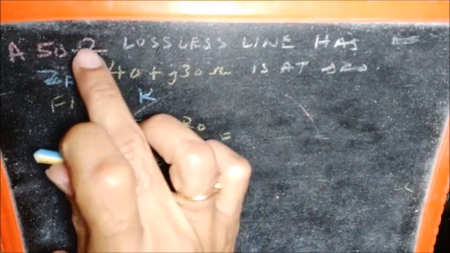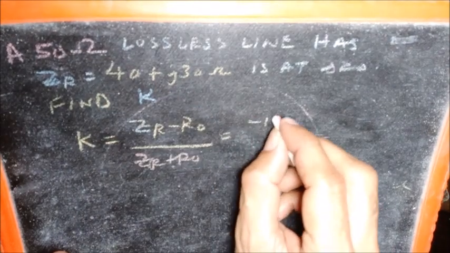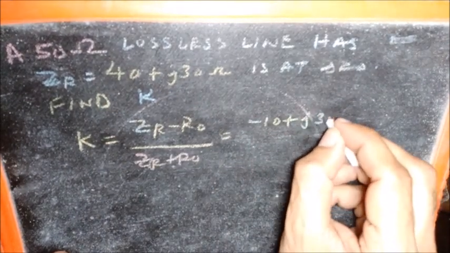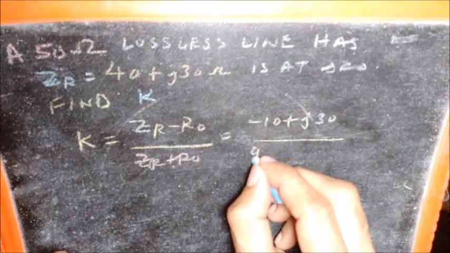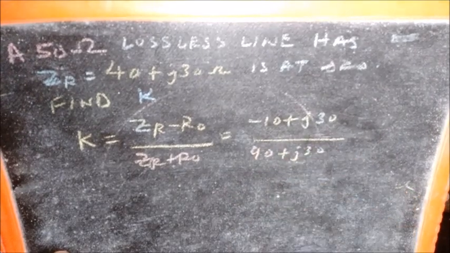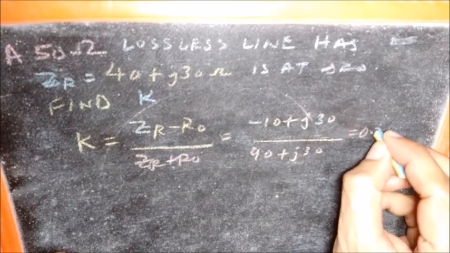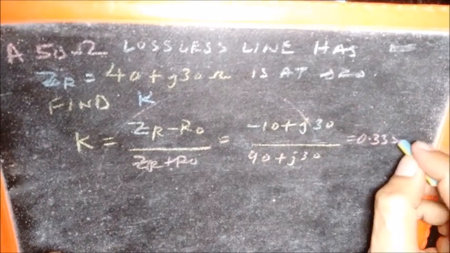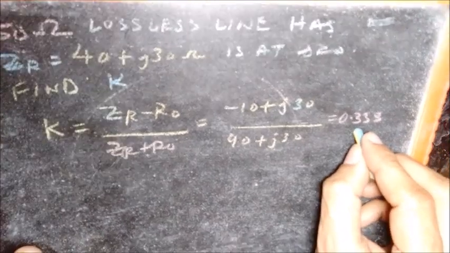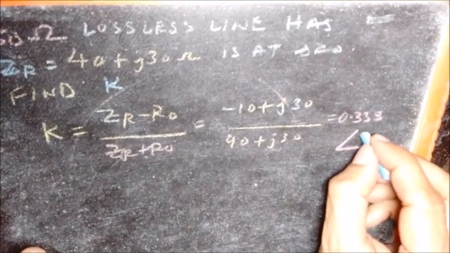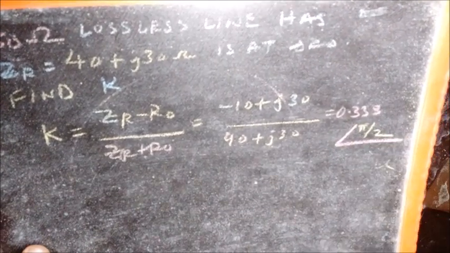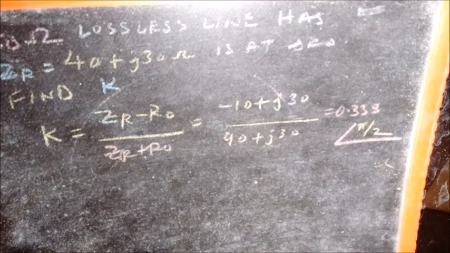ZR minus R0 gives minus 10 plus j30, and in the denominator you will have 90 plus j30, and this results in 0.333 with a phase angle of pi by 2, 90 degrees.